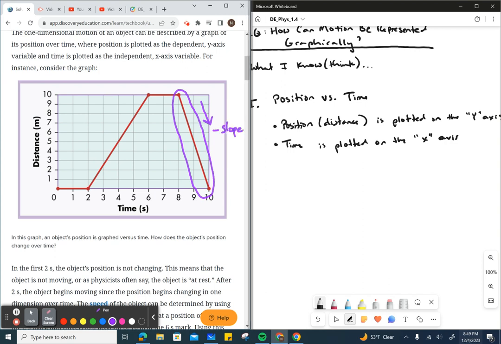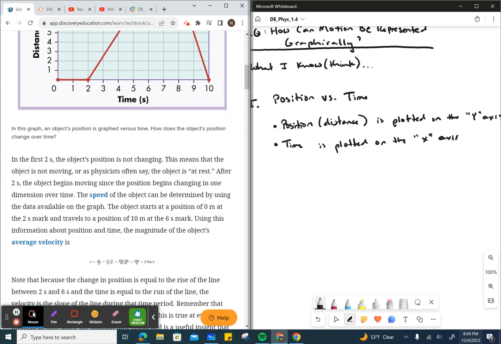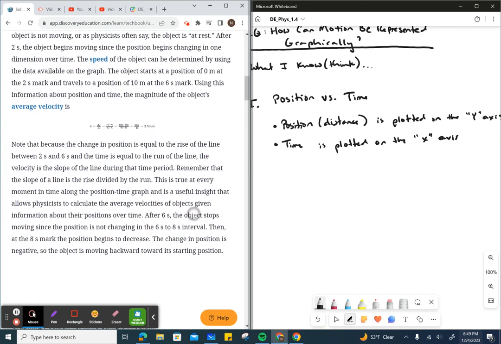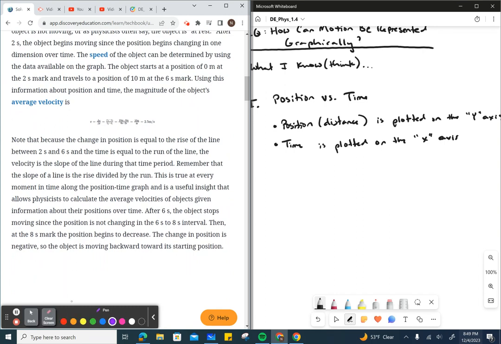What does it mean exactly to have a negative slope? Well, they go on to talk about that, where they say the change in position is negative. At the 8-second mark, the position begins to decrease, so the object is moving backward towards its starting position.